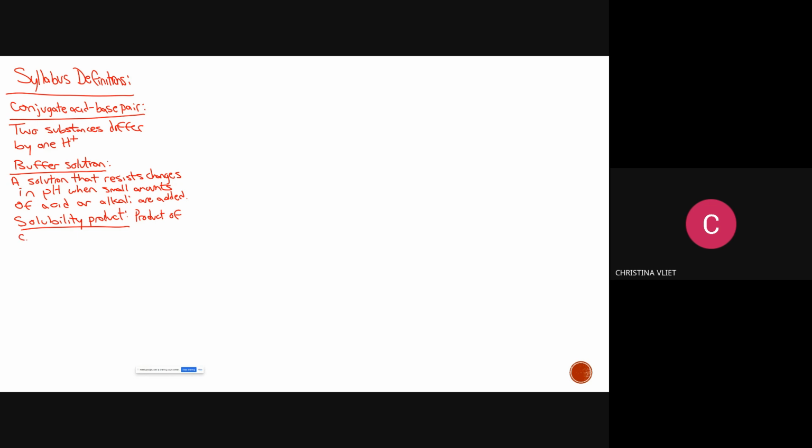So it's the product of the concentrations of each ion in a sparingly soluble salt, in a saturated solution of a sparingly soluble salt at 298 Kelvin, raised to the power of the relative concentrations. That is the word for word definition.